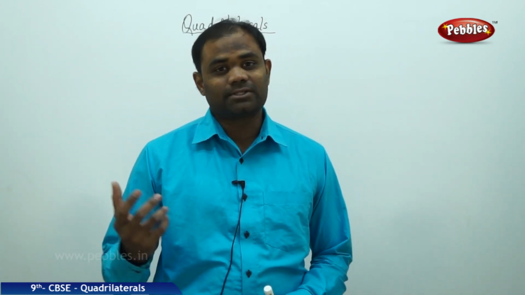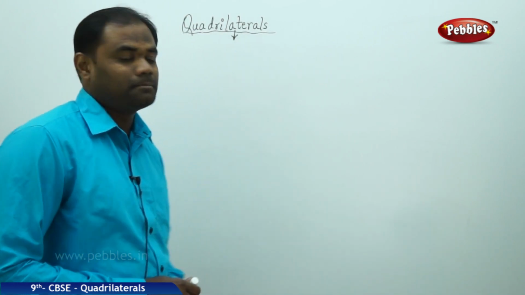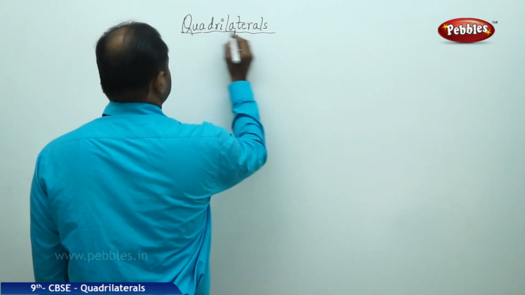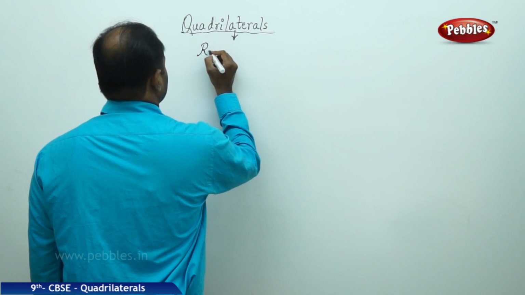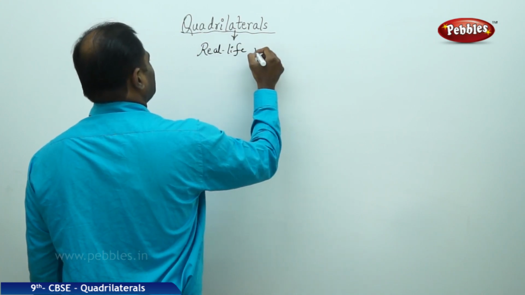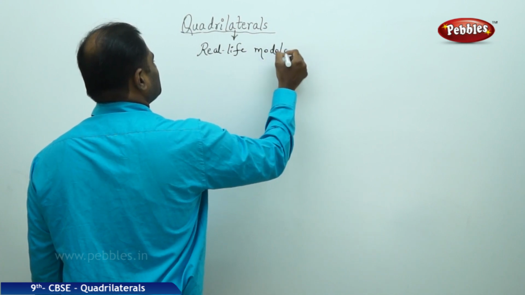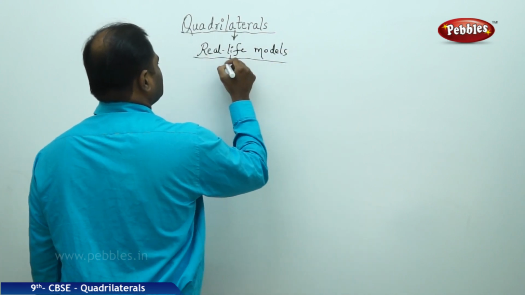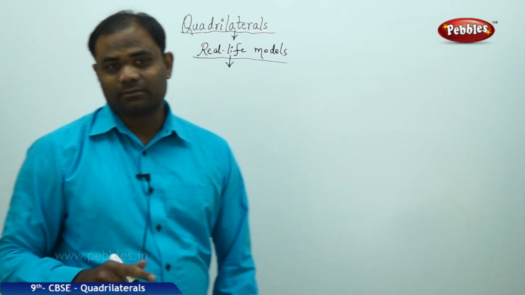Let's investigate the different possible types of quadrilaterals through real life objects. Today's session is about applications of quadrilateral. So let's investigate to search for real life models which connect with quadrilateral.